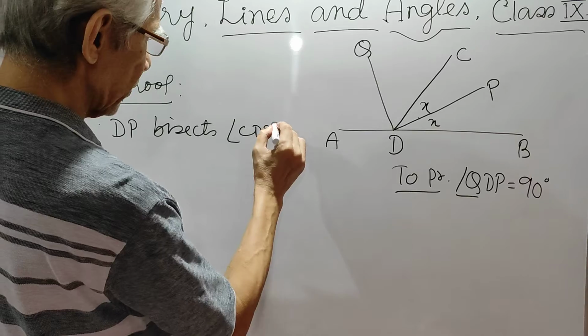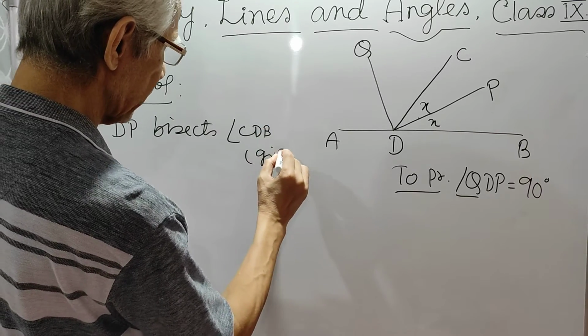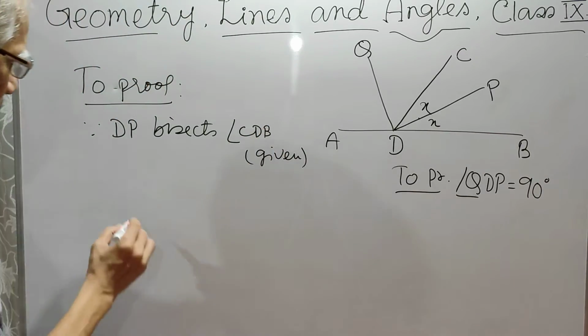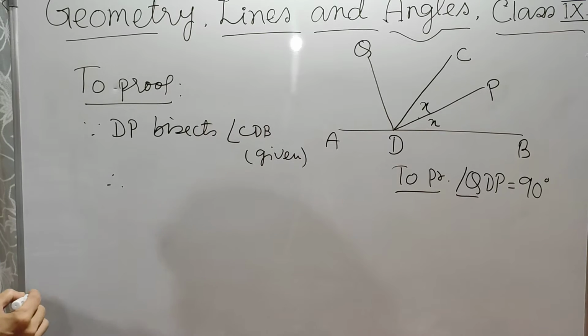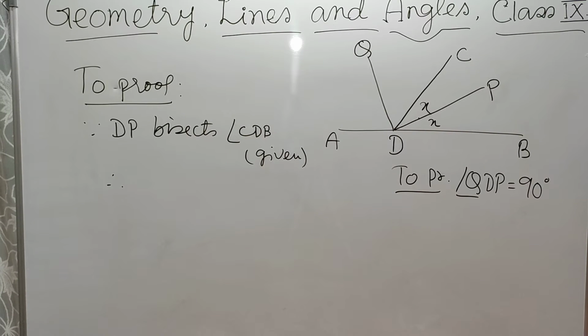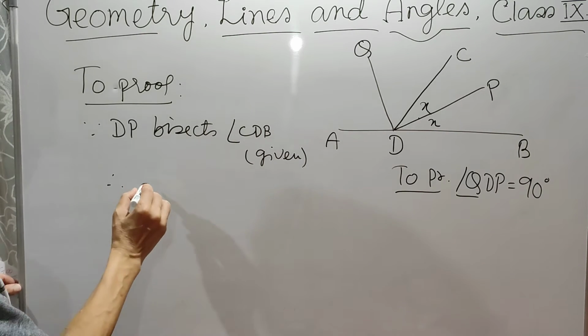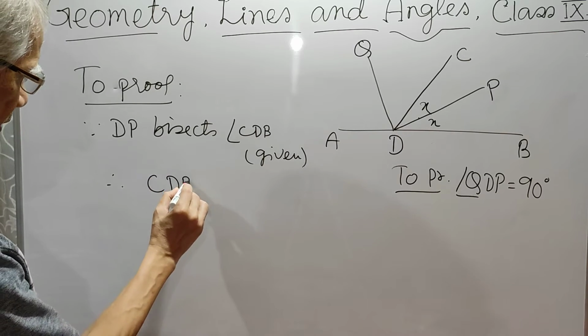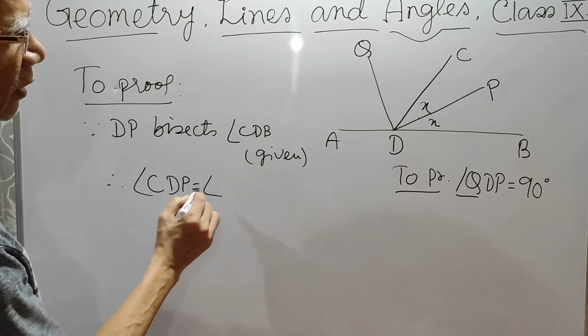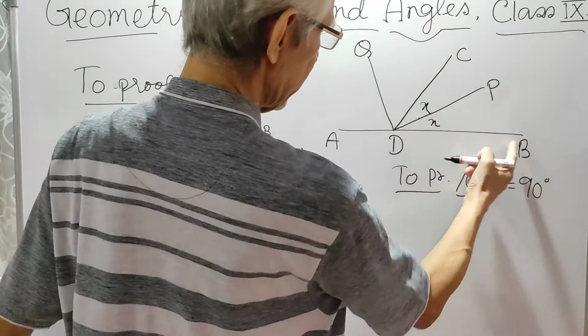Now this is given. So within bracket you will have to give the reason, isn't it? So therefore which two angles are equal? So DP bisects CDB. Therefore CDP, this angle equal to which angle? CDP equal to BDP.